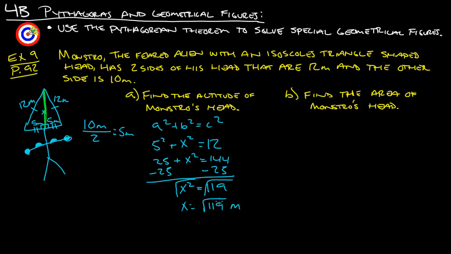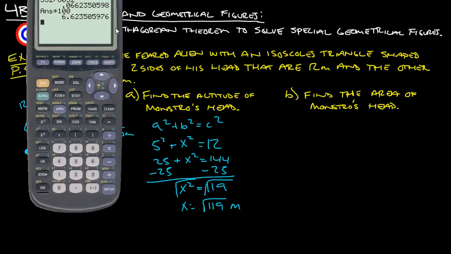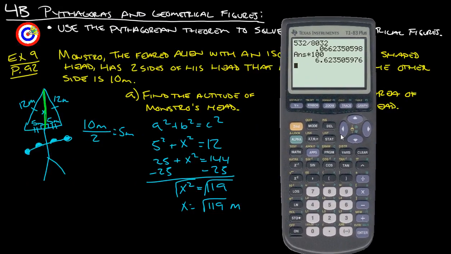It's not terribly satisfying, so let's actually calculate it to see the altitude of Monstro's head. Let's take the square root of 119.